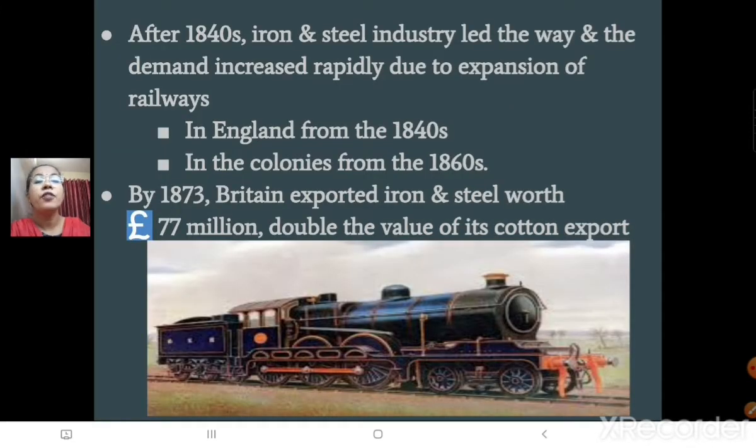Similarly, after the 1840s, the iron and steel industry led the way. So now which industry became a leading industry in Britain? Yes, it was iron and steel. The demand for iron and steel increased rapidly due to the expansion of the railways in England from the 1840s and in the colonies from the 1860s.